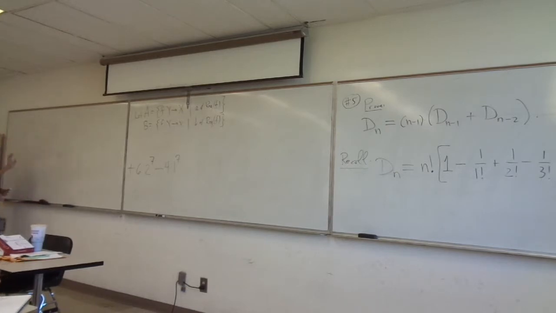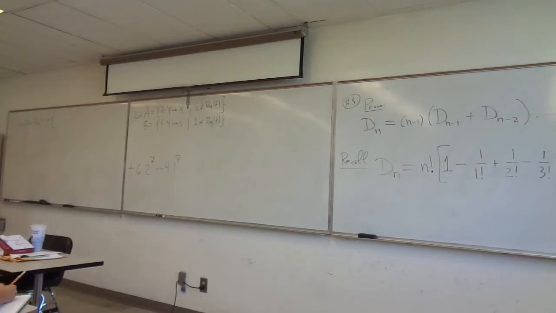So we recall the definition, which is one reason I wanted to do this problem, just to put the formula on the board again today. And then we're just going to write down n minus 1 times D sub n minus 1 plus D sub n minus 2. We're just going to write out what it is. This is going to be a little messy, by the way. You need a little bit of room on your paper.